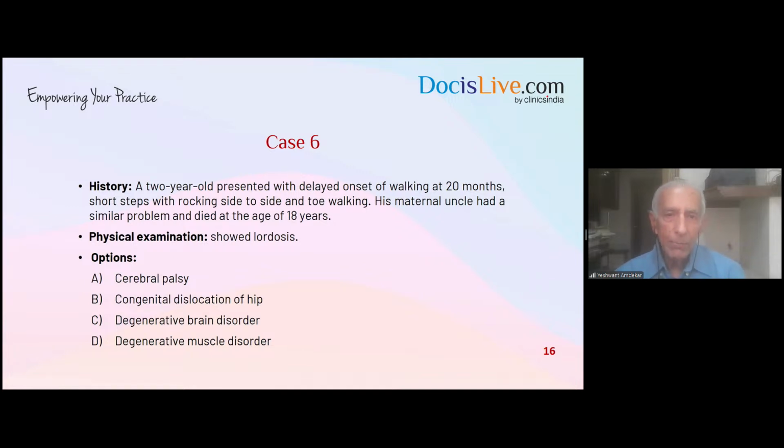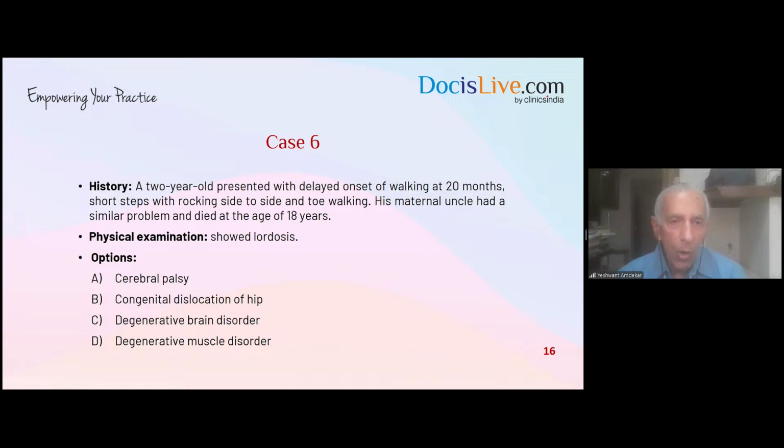And this is one example. The moment you picked up a maternal uncle who died of a similar process, which means that ultimately all his muscles, including the respiratory muscles, get involved and he dies of respiratory failure. This is typical of Duchenne muscular dystrophy. The reason I brought this is because such a child comes to you with a funny walking.